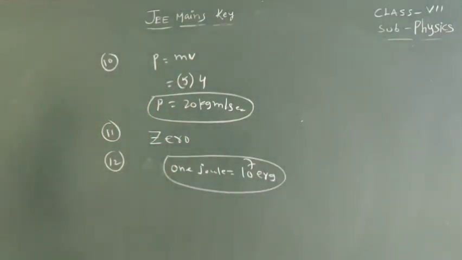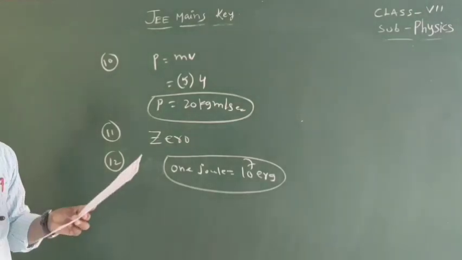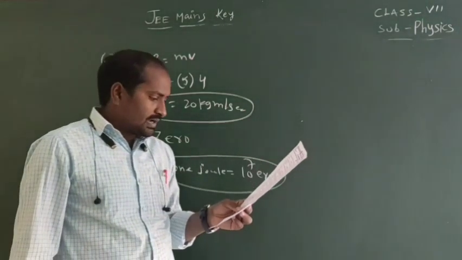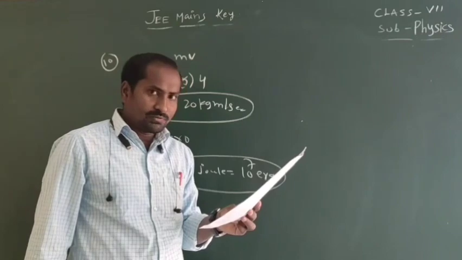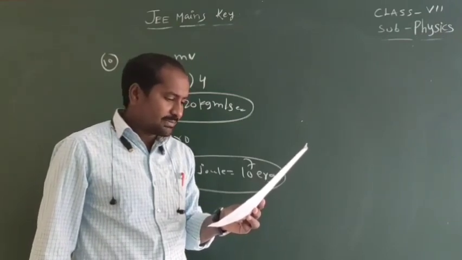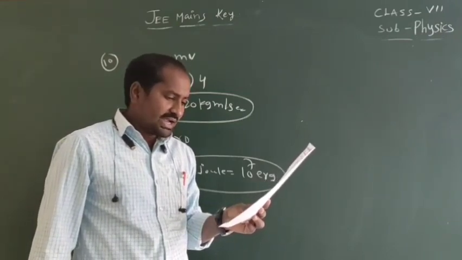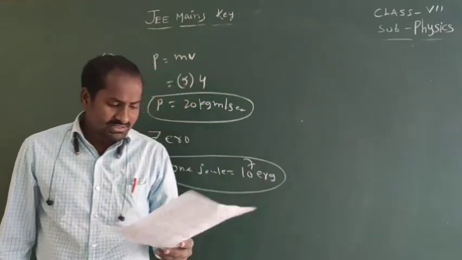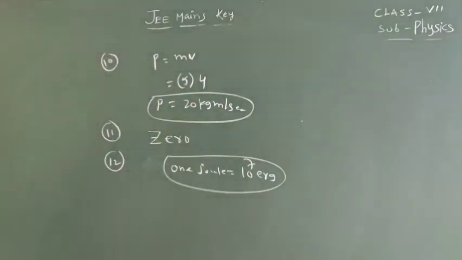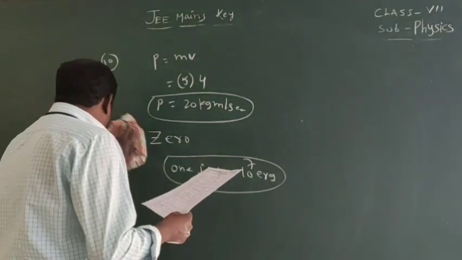Next one. A force of 400 newtons acts on a body of mass 40 kg. The acquired velocity of the body is 50 meter per second. Here the body starts from rest, so initial velocity of the body equals 0.